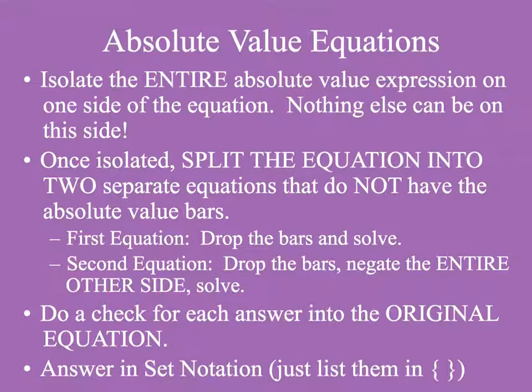In absolute value equations, when we go to solve these, the steps are similar to solving a regular 1 or 2 step equation with a few slight modifications. The first thing, instead of just isolating the variable on one side of the equation, we isolate the entire absolute value expression on one side of the equation.